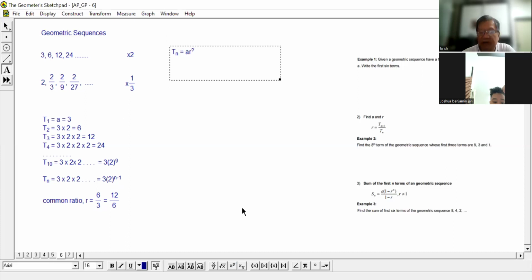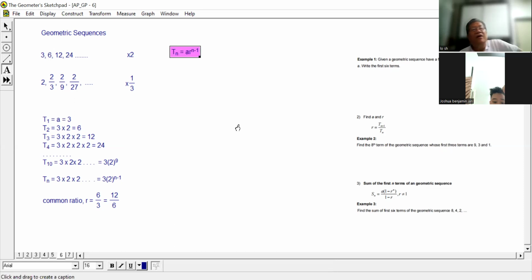The 2 is actually the r, the common ratio. So instead of putting n, it will be n minus 1, right? So now we have another formula. Tn, for geometric sequence, is ar to the power of n minus 1.